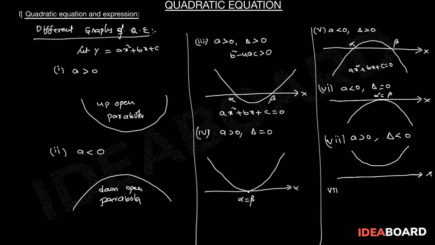And eighth one is if a is less than 0, delta less than 0, the curve is a downwards parabola below the x-axis, that is, it does not intersect the x-axis, so it has only imaginary roots.